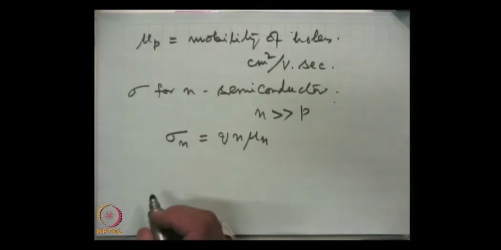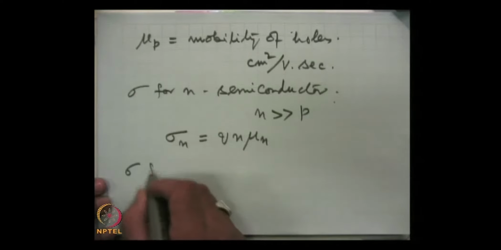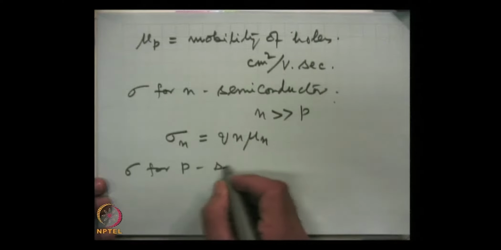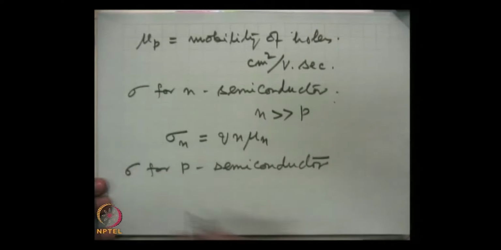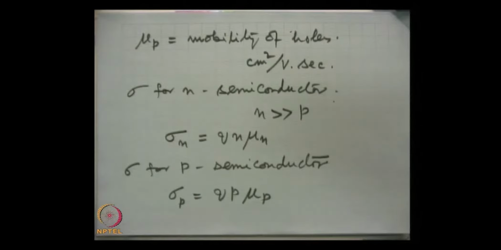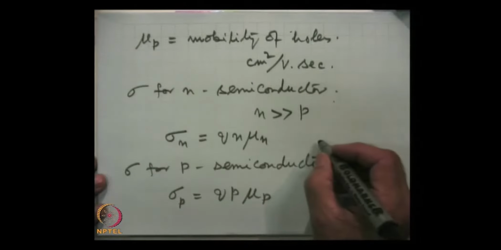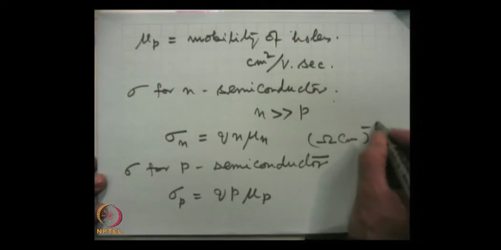So, the conductivity for n type material becomes q n mu n, and similarly conductivity for p semiconductor is q p mu p, and conductivity is expressed in practical units as ohm centimeter inverse.